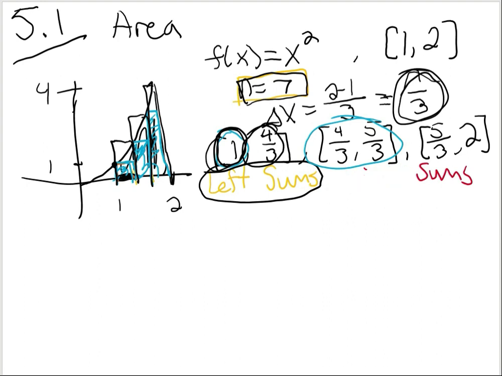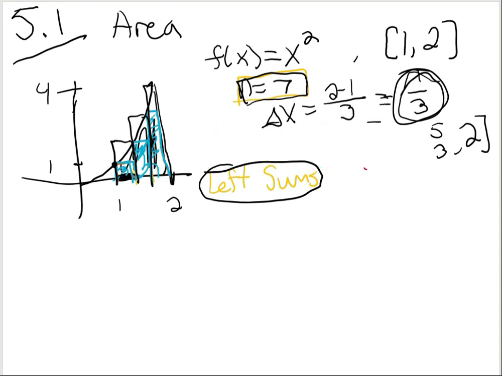How does this change our problem? If we want to look at a left sum, well, our intervals aren't the same, because now our widths are going to be 2 minus 1 over 7, or 1/7.